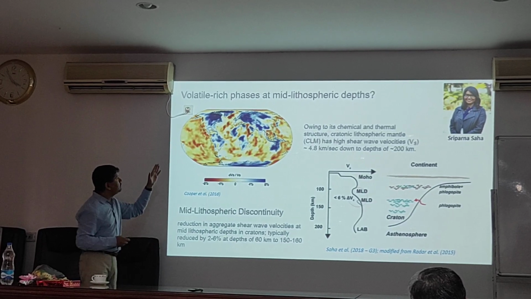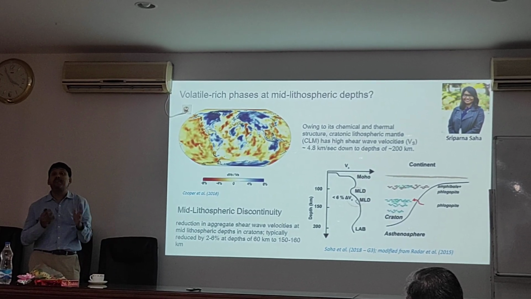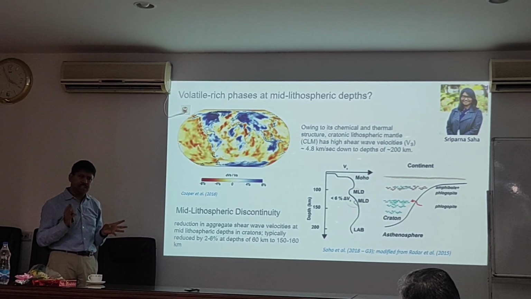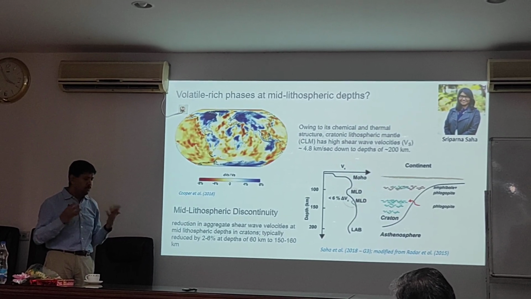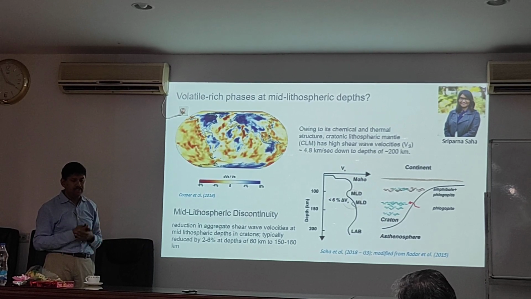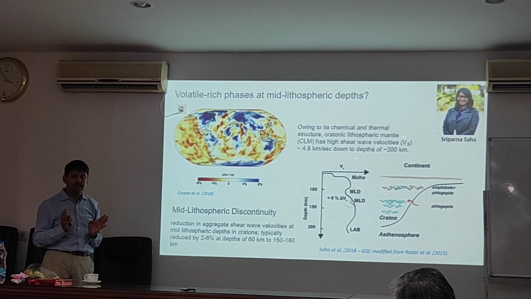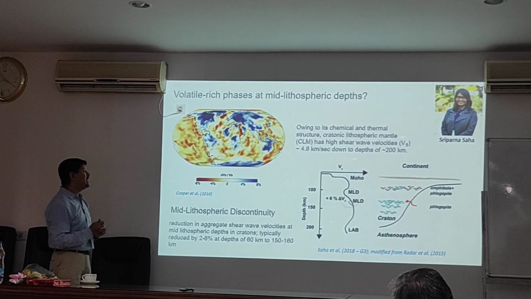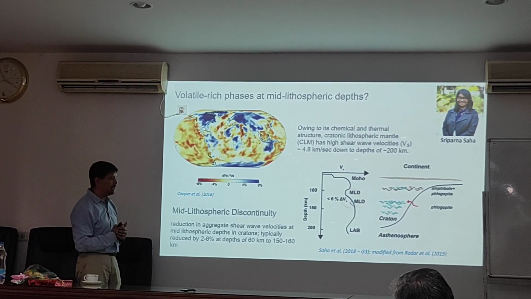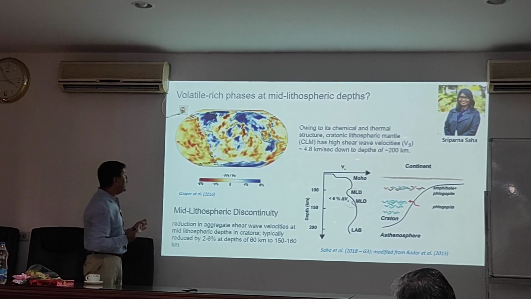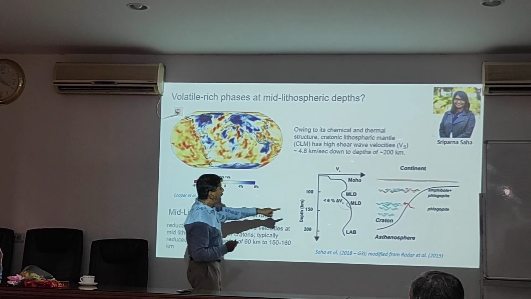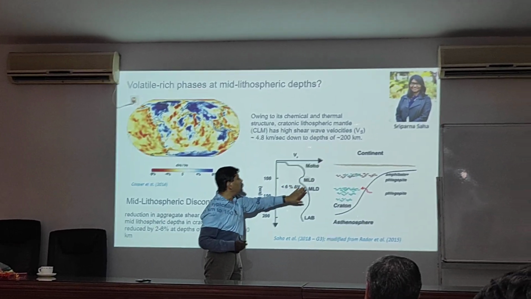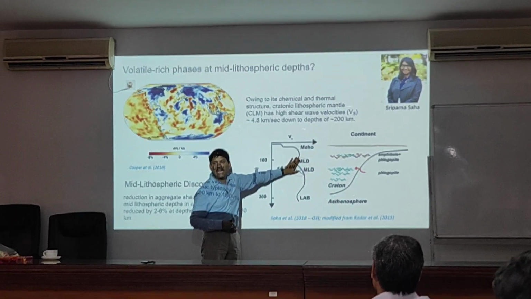So we looked at this concept that is actually observed seismically. It's called the mid-lithospheric discontinuity. This is a very strange feature, and I am told in many conversations with seismologists that it's a controversial observation. Not all seismologists necessarily believe it. It comes mostly from receiver function data, where seismologists observe a potential dip in the shear velocity at depths that are way too shallow for it to be the regular boundary.